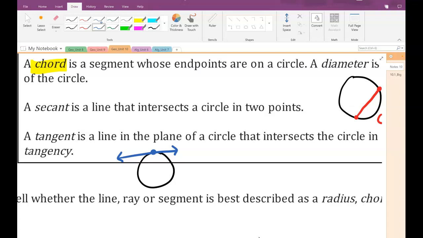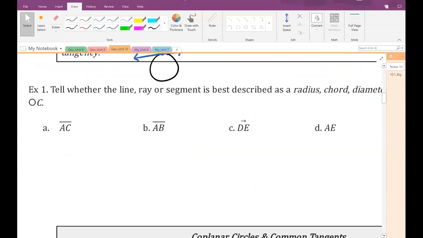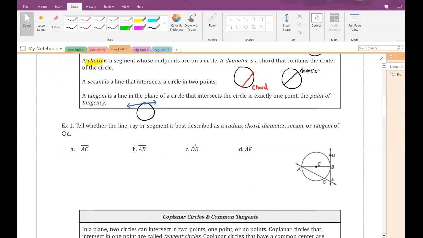So let's go through and now use these words to label our diagram in our first example. So we're looking at AC in our diagram. This would be circle C, since C is our center. And going from AC or CA, that is a radius, because it goes from the center of our circle to anywhere on the outside. So AC is our radius.